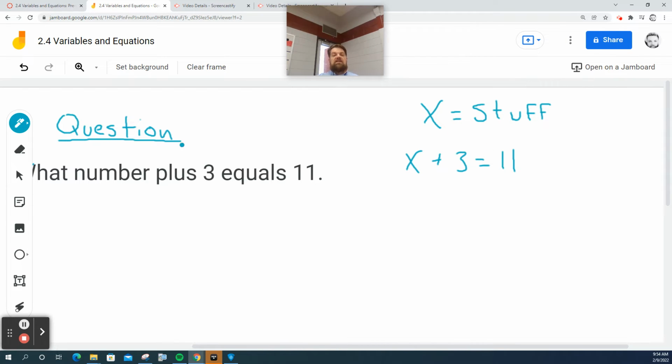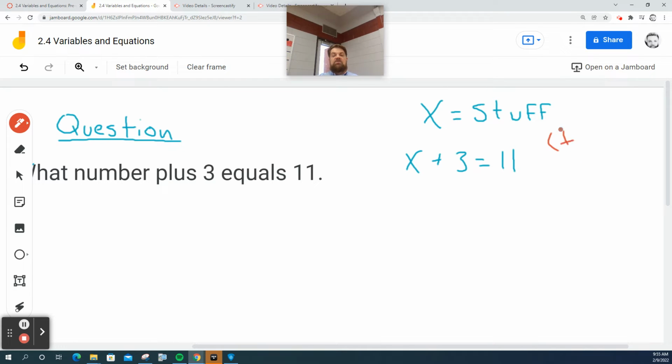So I want to move this positive 3. If I can move this to the other side of the equal sign, then x will be by itself. The way that I move that is I'm going to do what we call the inverse.